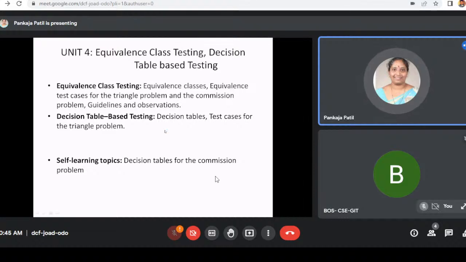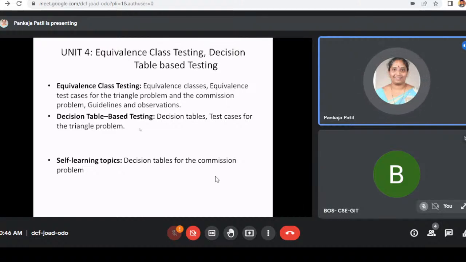So equivalence class testing. The last one is decision table testing. So here you are going to study about how to write a test case table by using decision table based testing. So there are some decisions to be taken in the problem, and you need to fire some actions against each of the decisions. So this decision table consists of two parts in it. The first one is the condition part, the second one is the action part.